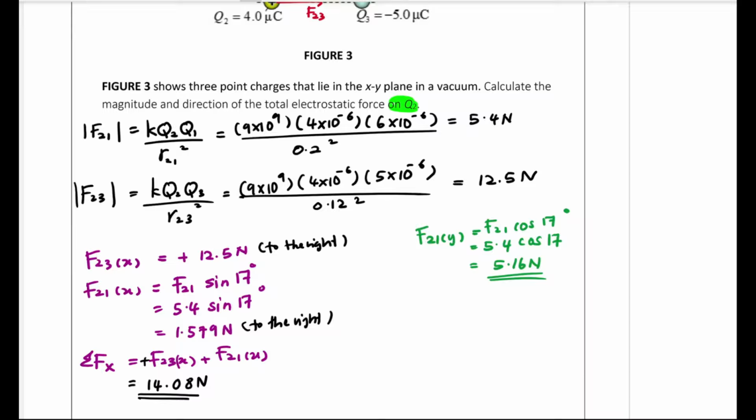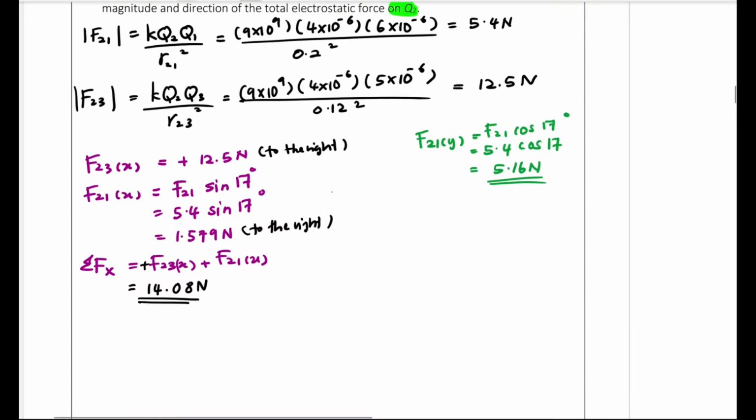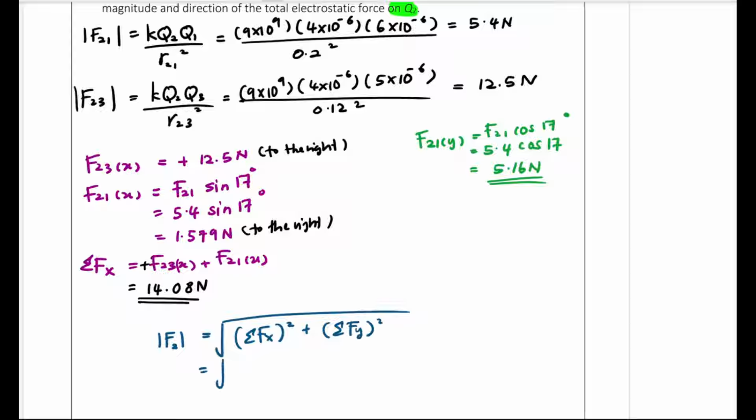We want to calculate the resultant force, so the magnitude. Remember the magnitude: force on charge 2 equals the square root of the total force in the X component squared plus the total force in the Y component squared. Substitute the values from earlier.